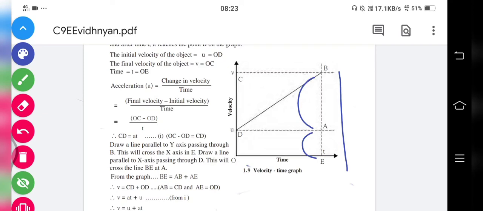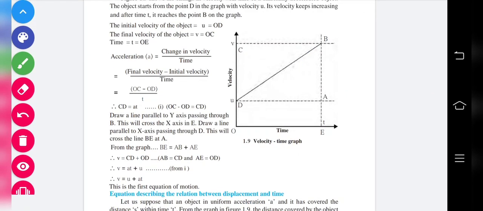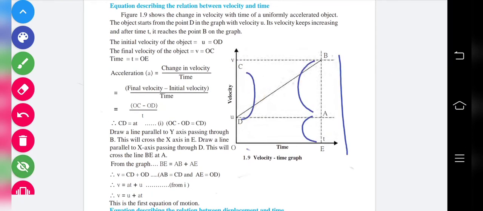So from the graph BE equal to AB plus AE, is it? Okay. Similarly, with respect to this BE, the velocity equal to CD plus OD. You can also consider that CD plus OD, is it?